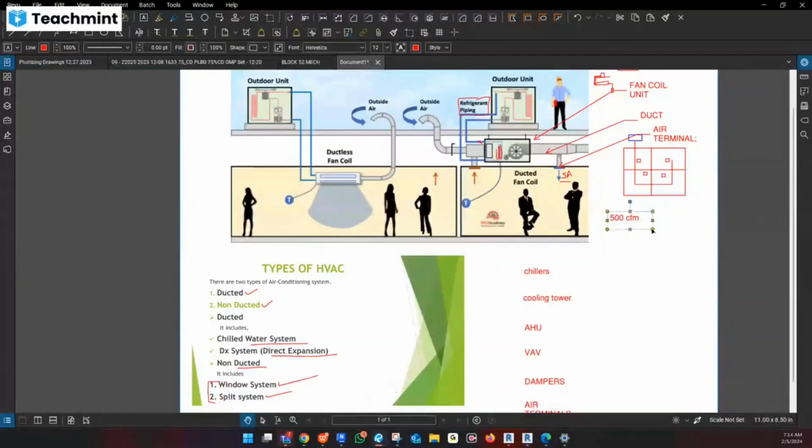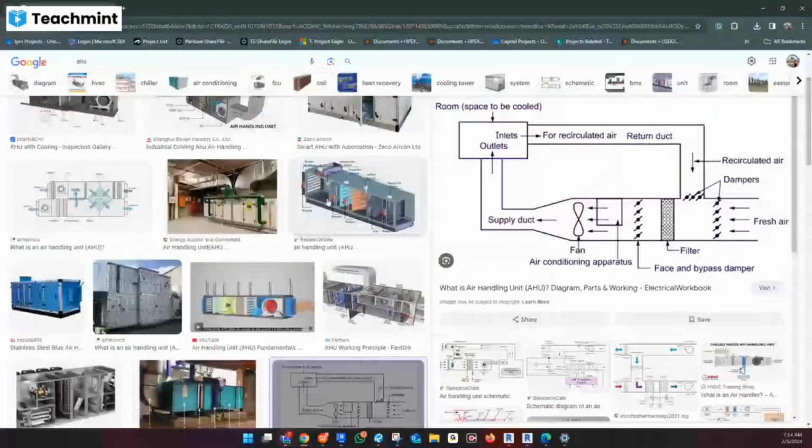Almost, we have to send back at least 400 CFM air through this duct and go back to the AHU. The same thing they have shown over here also.